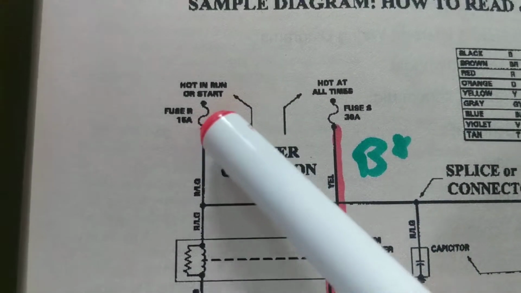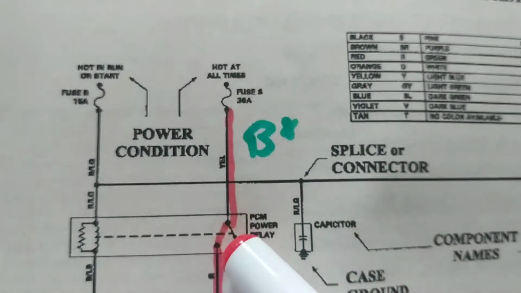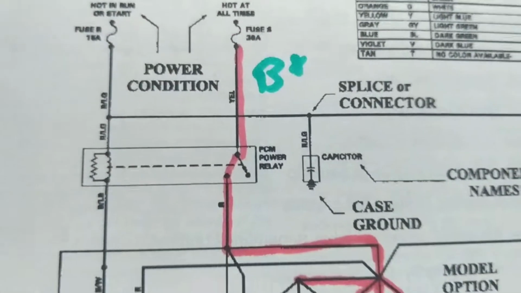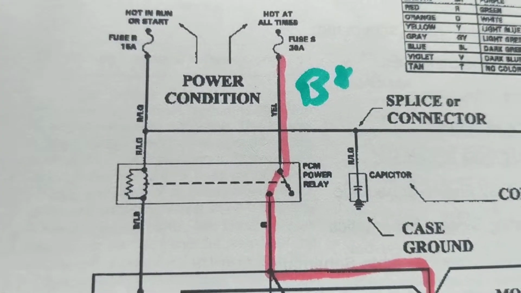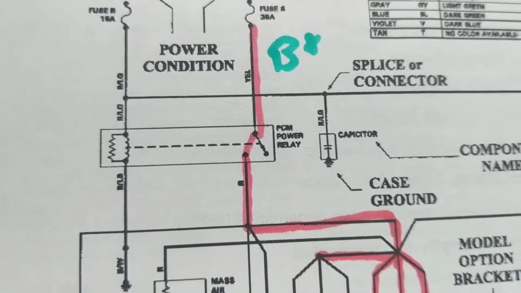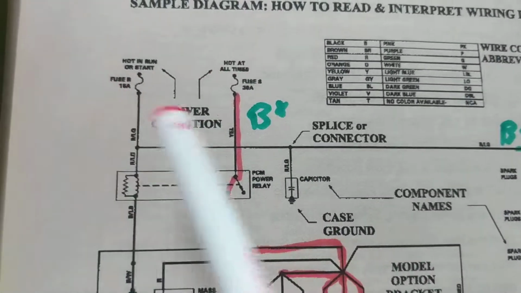It has to be in run or start. The difference is sometimes it's hot at all times. That means we don't even need the engine to be on or even the ignition key to be turned. Sometimes you just need a switch. So pay attention to these things.